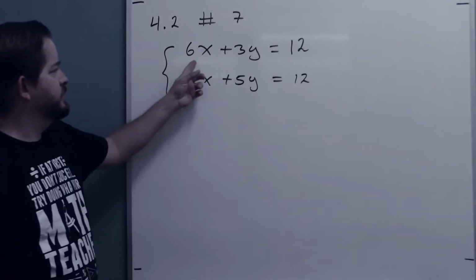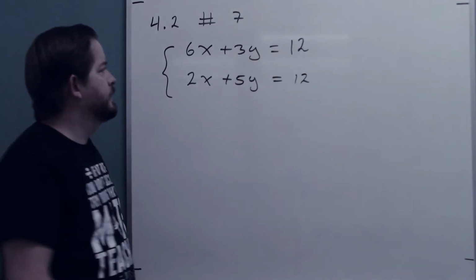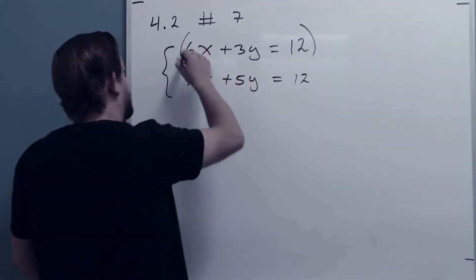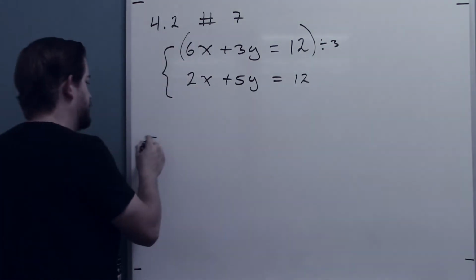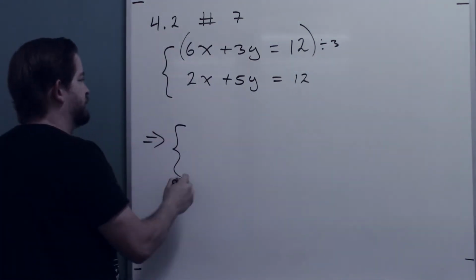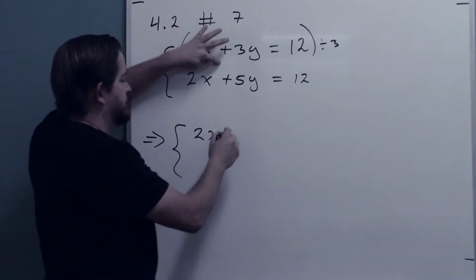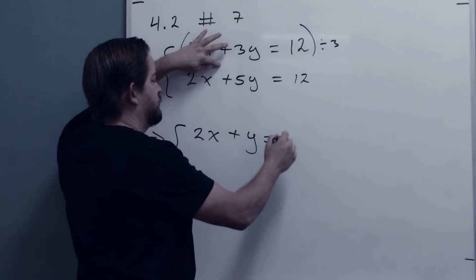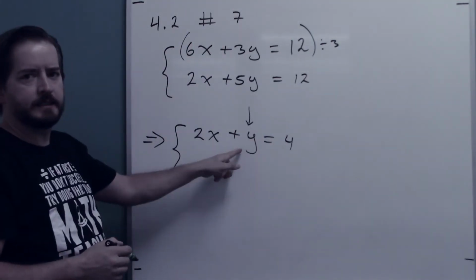But this top equation, everything is divisible by 3, right? If I take this top equation, divide the left side by 3, divide the right side by 3, that gives me an equivalent system, which I'll just write here. 6 divided by 3 is 2, so I have 2x plus y equals 4. And that y is easy pickings, right?